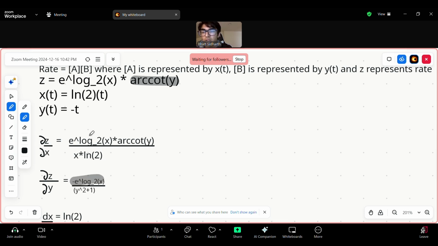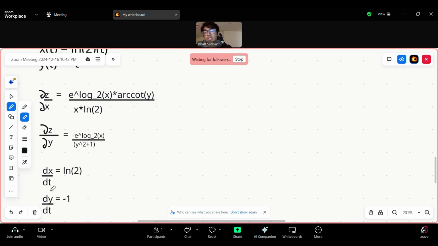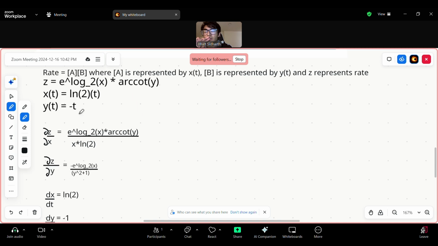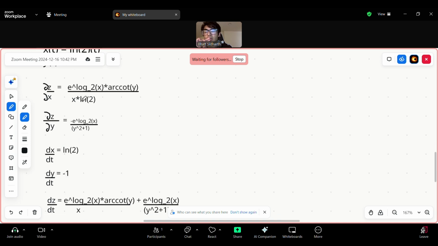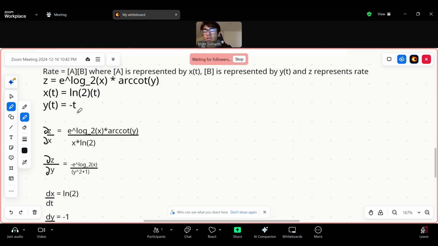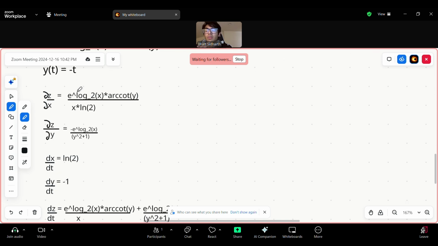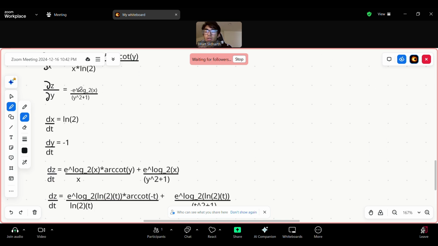And then finally, dx over dt is just going to be ln 2, because that's a constant. And then dy over dt is -1, because that's just how you apply the power rule.